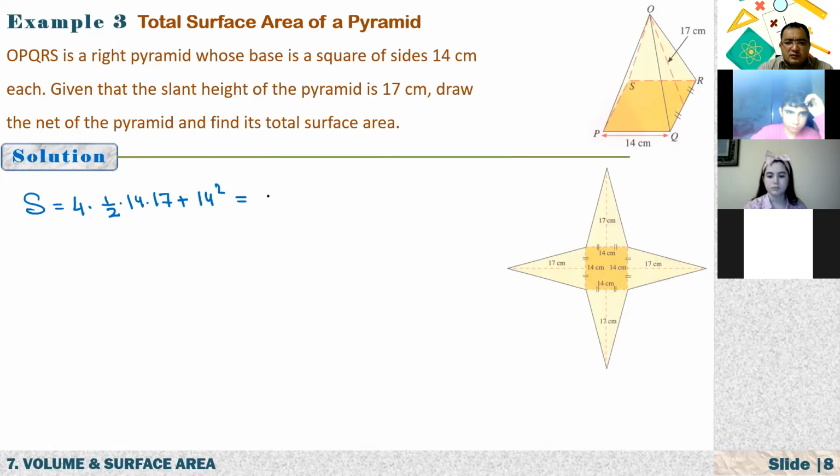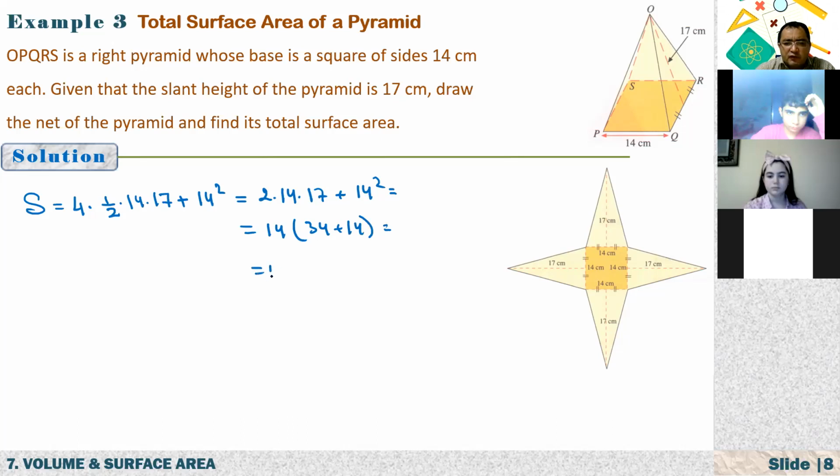That's it. So that's equal to 4 times half, which is just equal to 2. So here we have 2 times 14 times 17 plus 14 squared. If you take 14 out, 2 times 17 is 34, and 14 is left here.